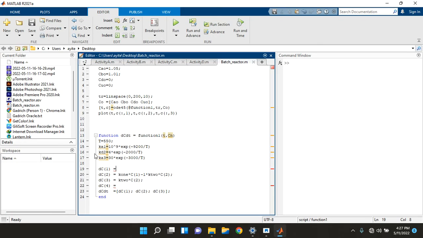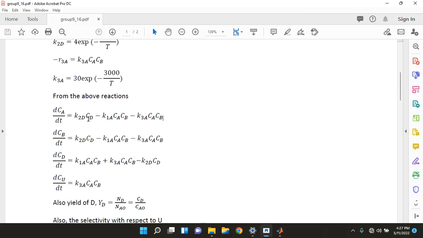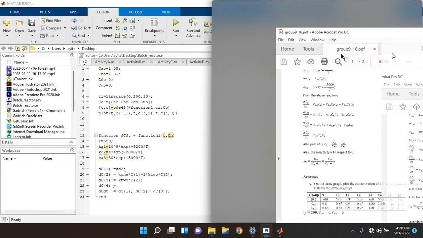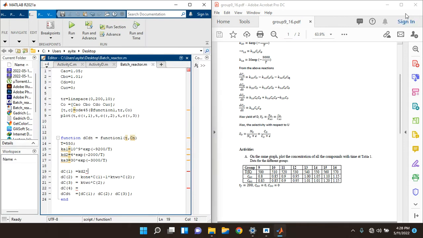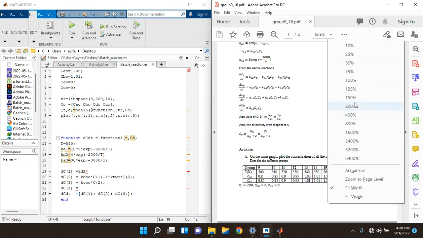So K2D, which is this one. I don't want to type, so I'm just going to copy K2D times CD. Okay, I'm going to split my screen so that I don't have to be going in and out. I just look at it and then write.